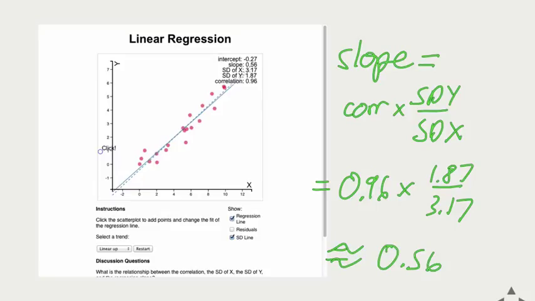For every one standard deviation increase in x, y increases on average by 0.96 standard deviations. That's quite a lot. And that suggests that x is a good predictor of y. As a reality check, we can look at the scatter plot, which seems to support this statement.